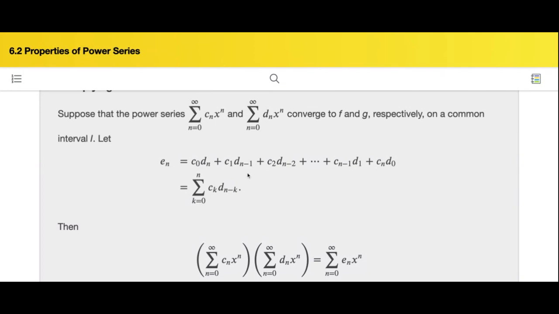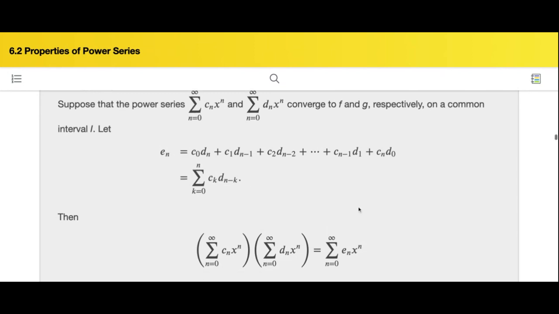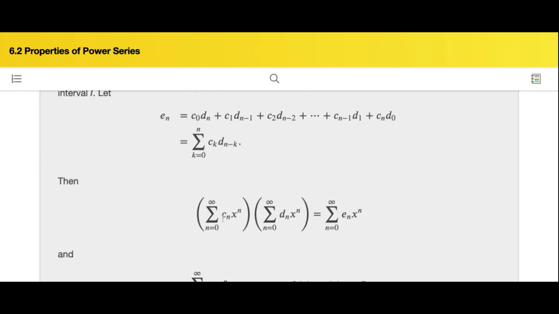So all the indexes add up to n, so we get an e_n term. We use this e_n term to represent this, and k goes from 0 up to n. The index of c increases, the index of d decreases. So Σ c_n x^n multiplied by Σ d_n x^n can be represented as Σ e_n x^n with e_n defined as above.